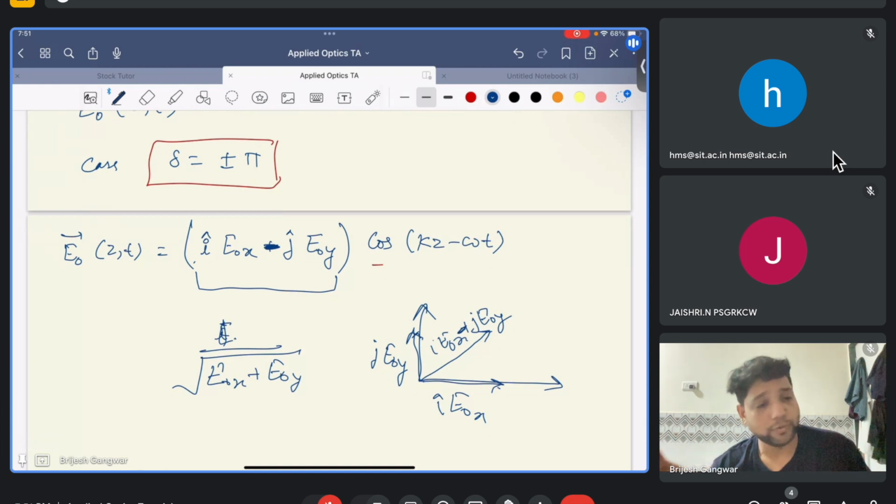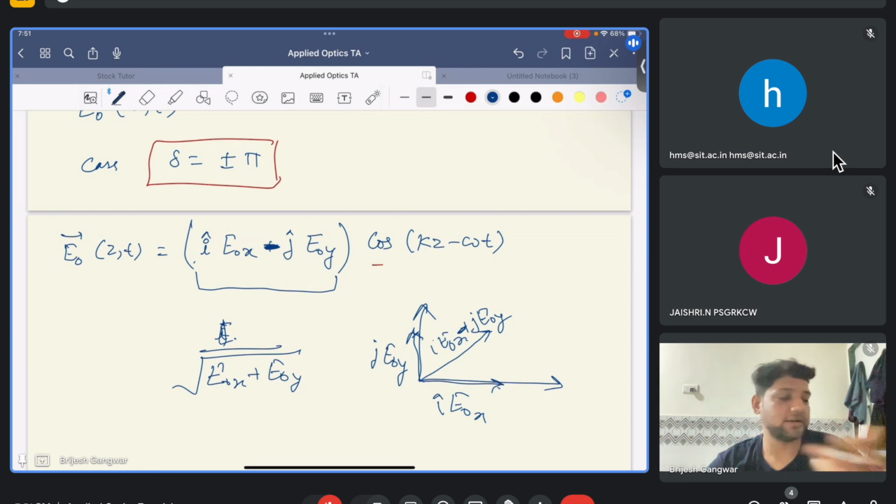How will we do it experimentally? Like you are in the lab and I am saying just generate circular polarized light. We need circular polarized light in our experiment. Then how will you generate it? Do you have some answer to this?